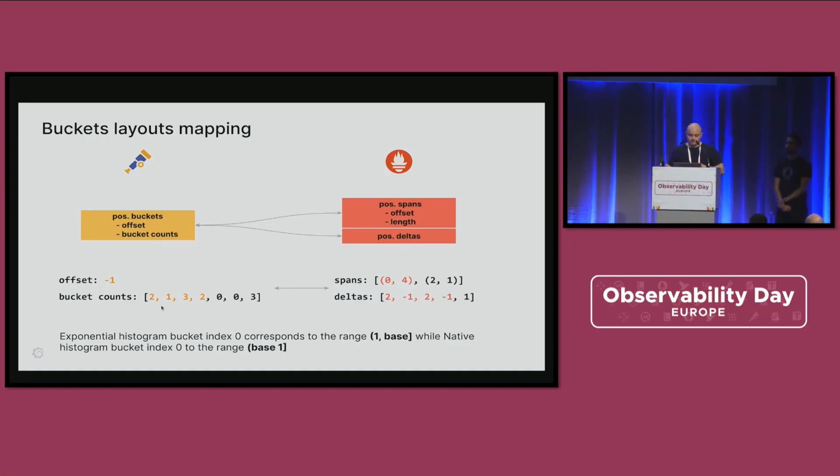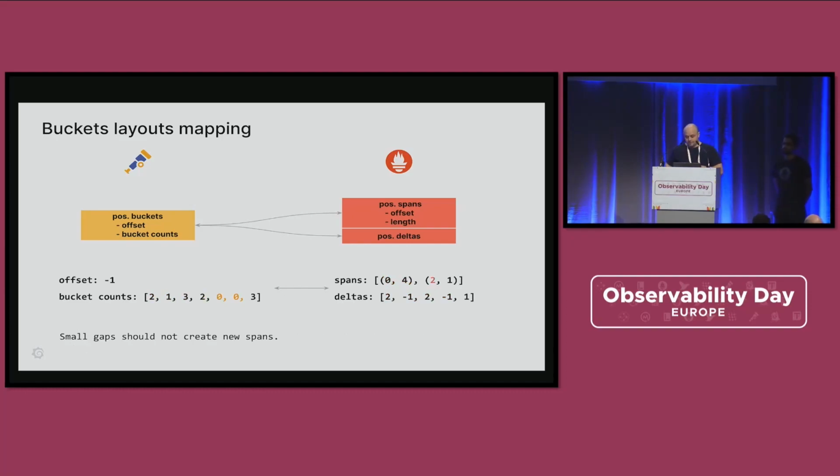So we have to actually adjust the offset values of native histogram spans. We have to do it only for the first span, because all the subsequent spans are going to be created based on the preceding spans. So we see that offset was -1, and for the first span we have the offset of 0.